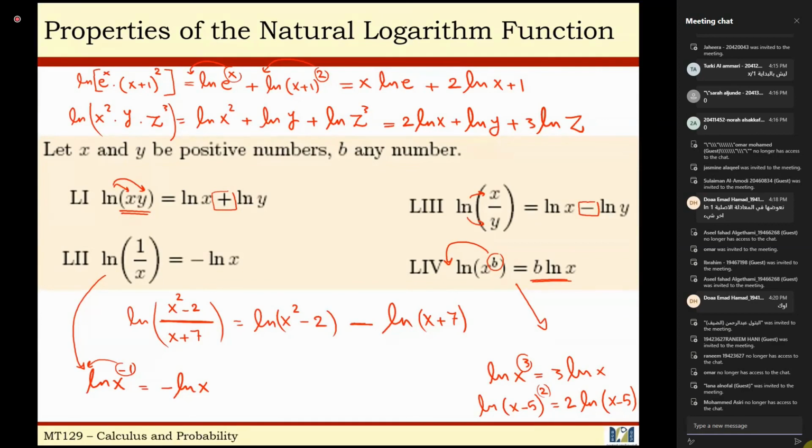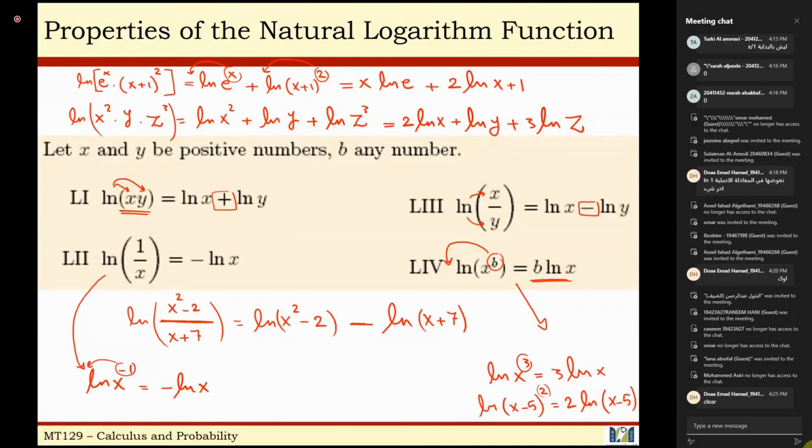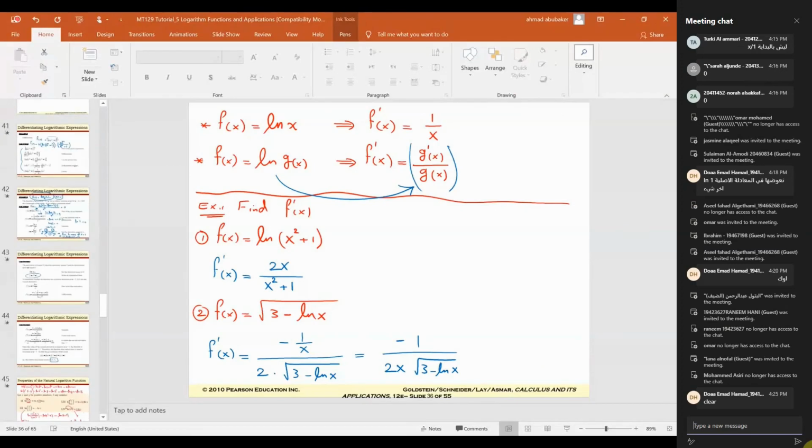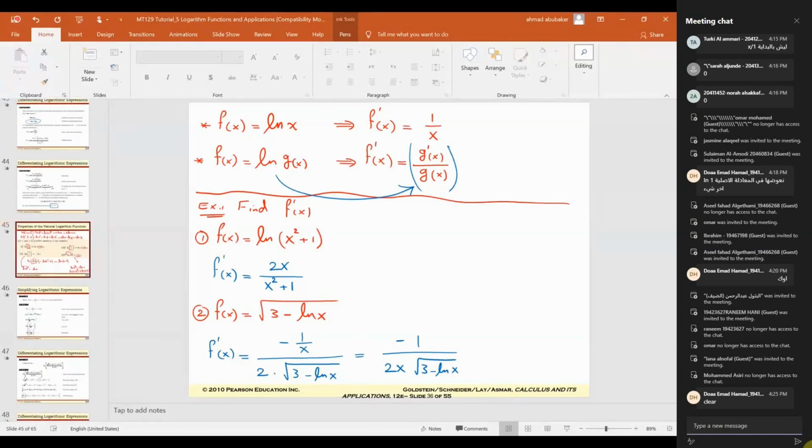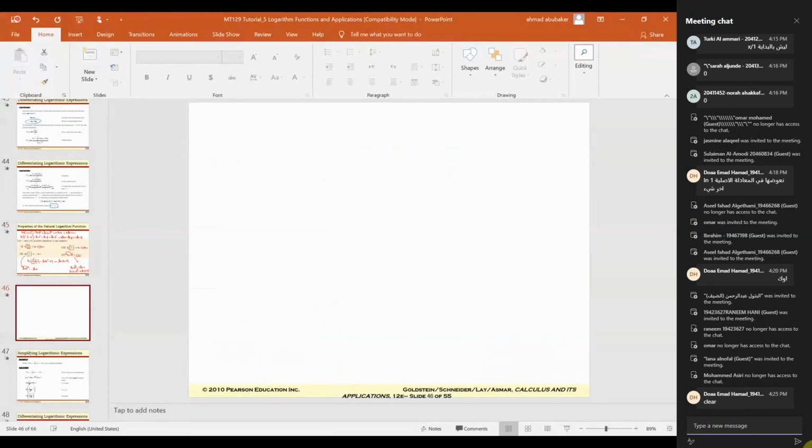How can we use this to find the derivative of a complicated function? Look at this. Example.